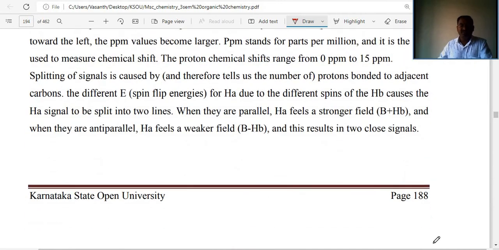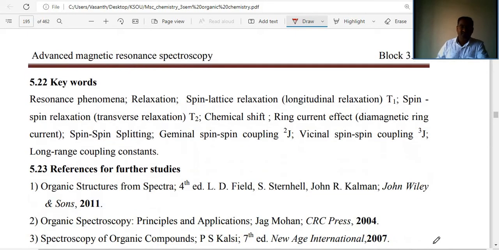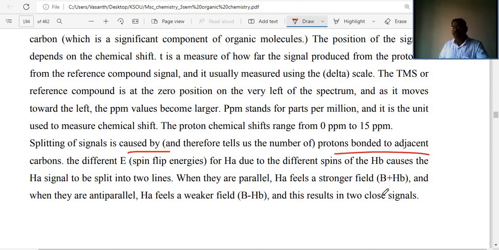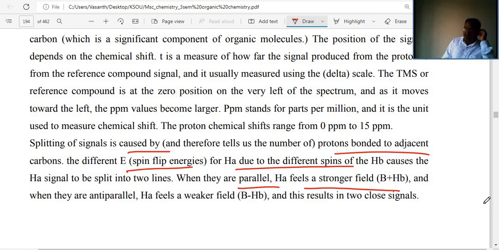The position of the signal on the spectrum explains everything. In conclusion, the splitting of a signal is caused by protons bonded to the adjacent carbon. There are different spin flip energies for HA due to the different spin states of the HB protons: when parallel, HA feels a stronger field, and when anti-parallel, a weaker one.